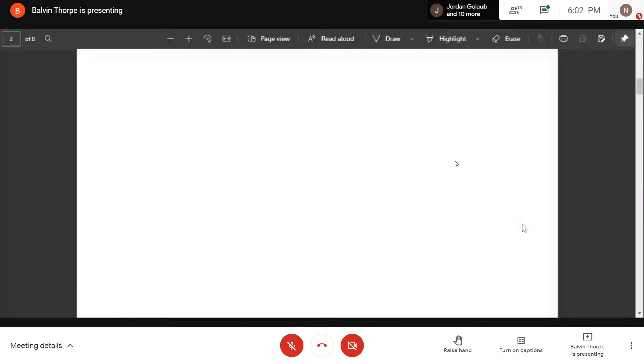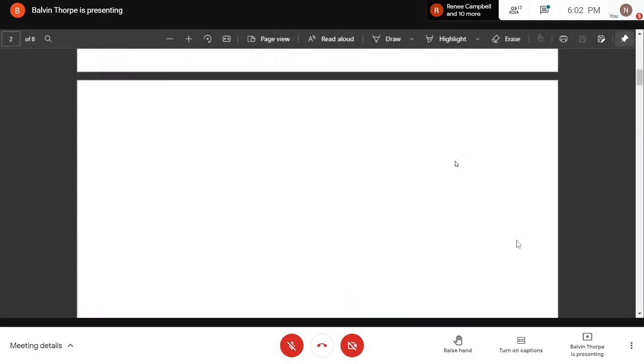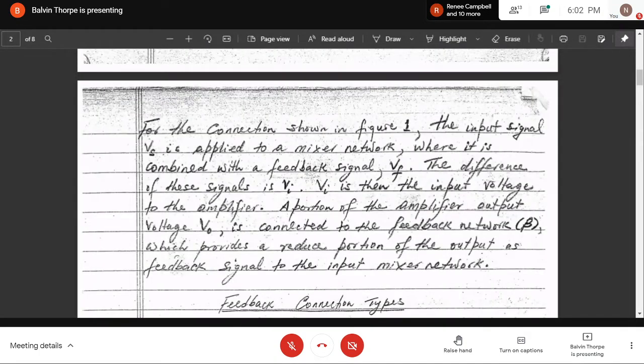Going back to it. What happened is I probably can quickly, instead of going to one, quickly tell you what's in it. Now, what happened is that with negative feedback, we know that a portion of the output signal is fed back to the input.